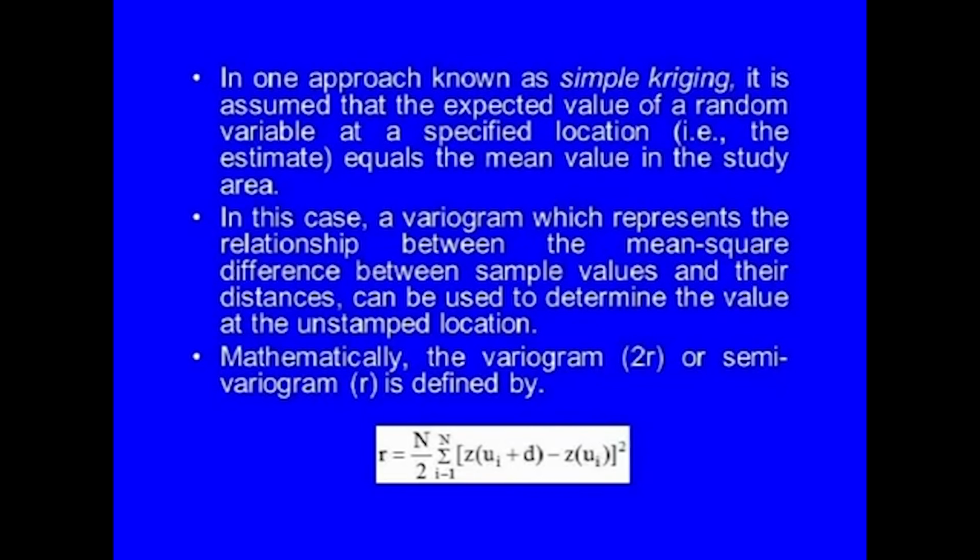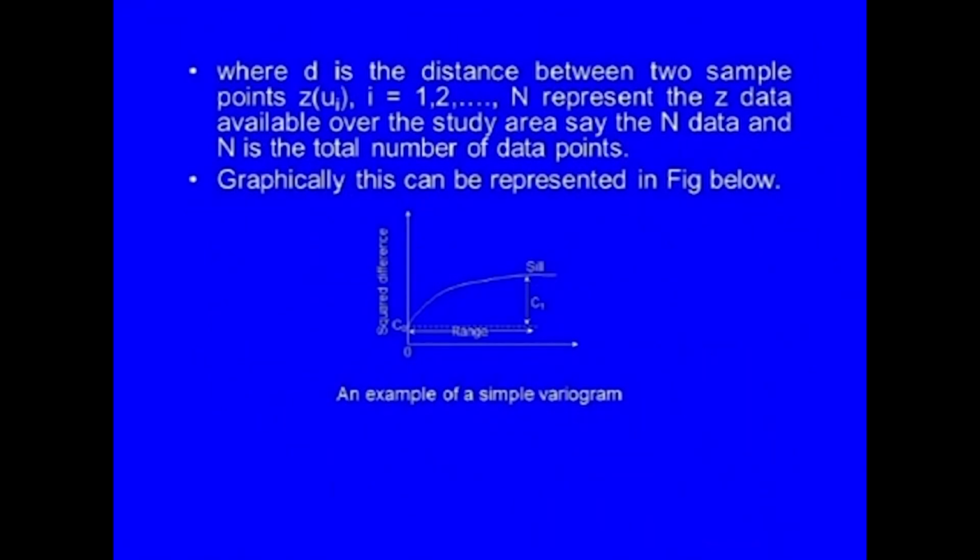Mathematically, the variogram of radius 2r or semi-variogram of radius r can be defined by the equation given below, where r is equal to n by 2 summation of i equals 1 to n, z(u_i + d) minus z(u_i), whole square, where d is the distance between the two sample points, z(u_i) is the number of points in the study area, and n is the total number of data points available.